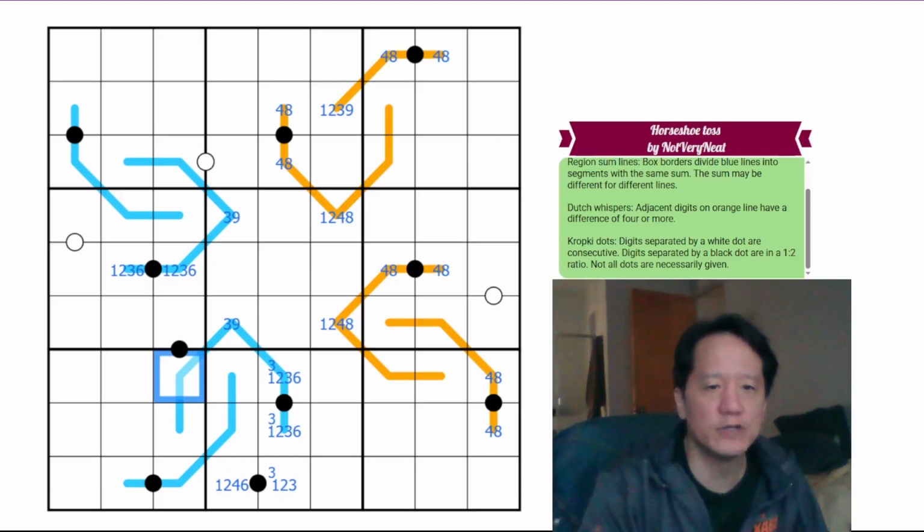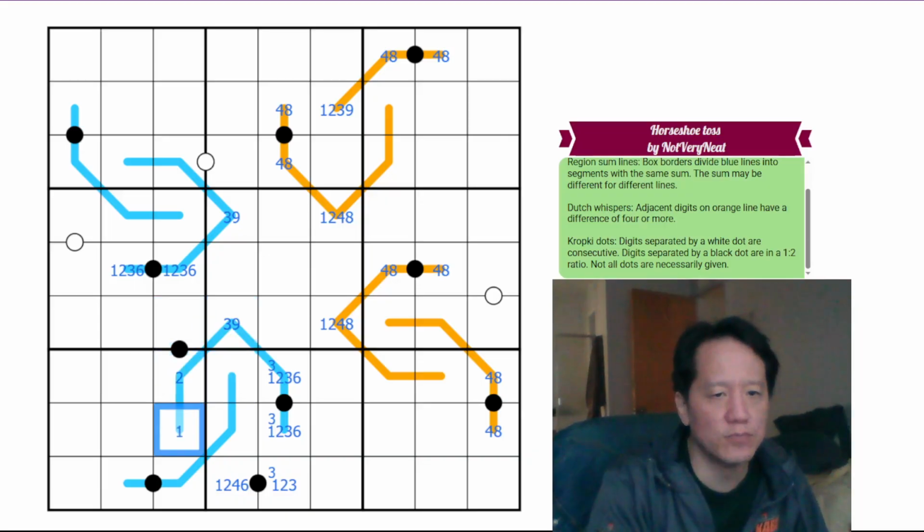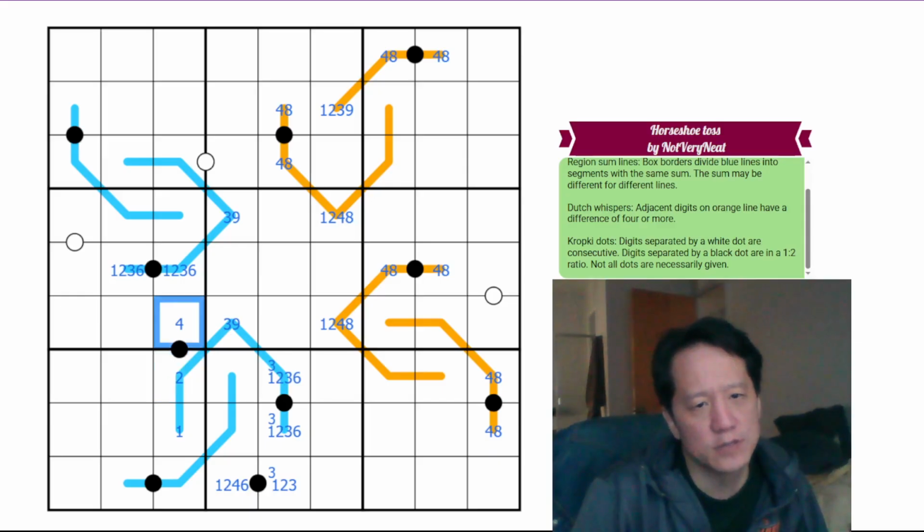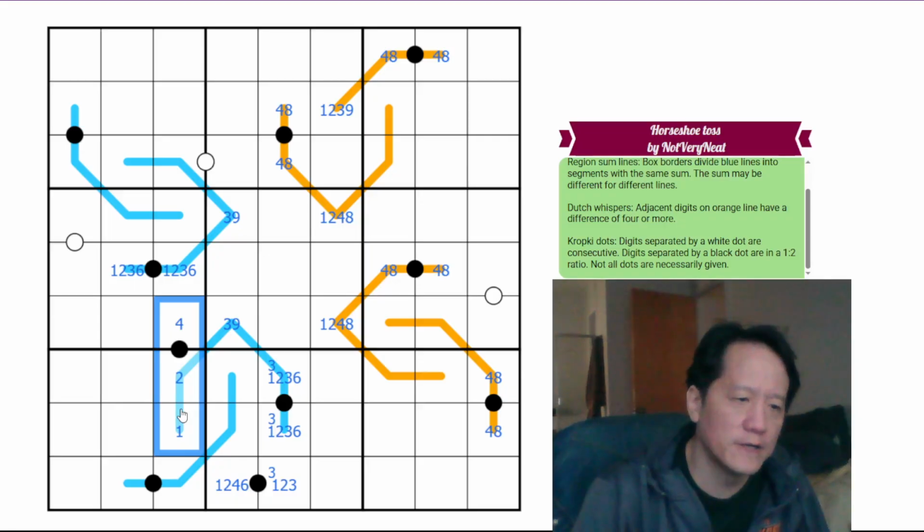Right, so if this is 3, this is 2 and 1, and then this would be 4. So that's potentially possible. Otherwise, if this is 9, this is 3, 6. This would have to be 3, so it's 1, 2 there.